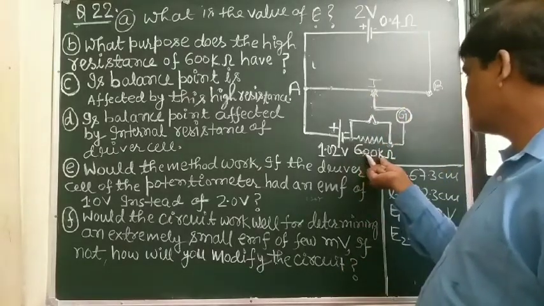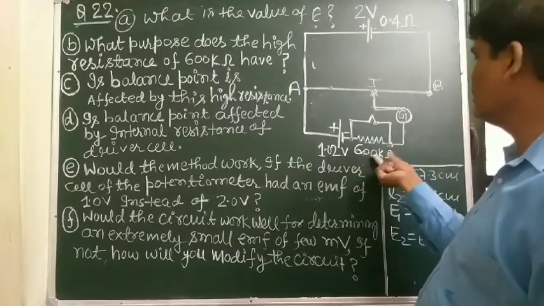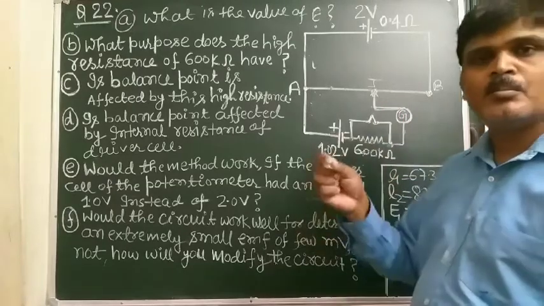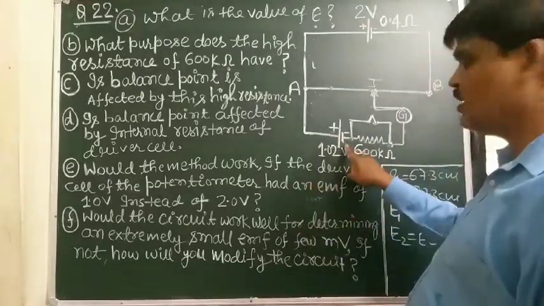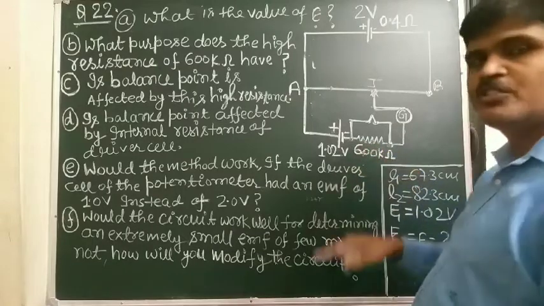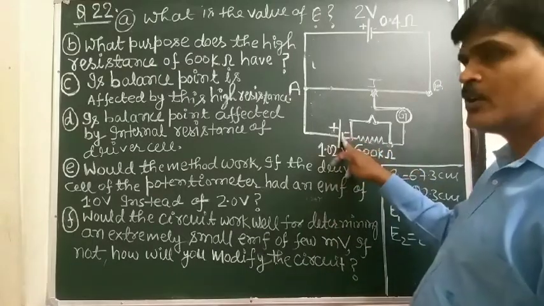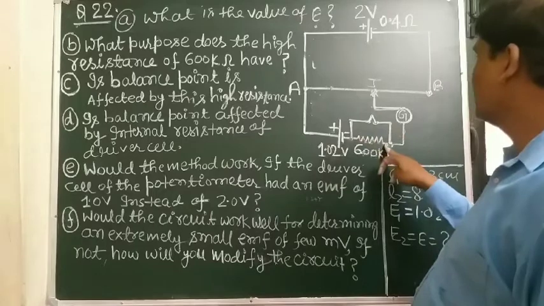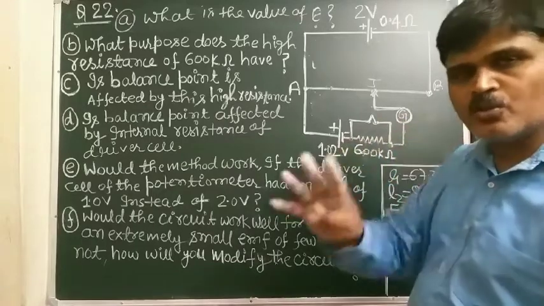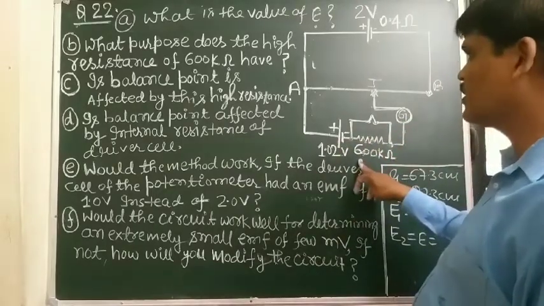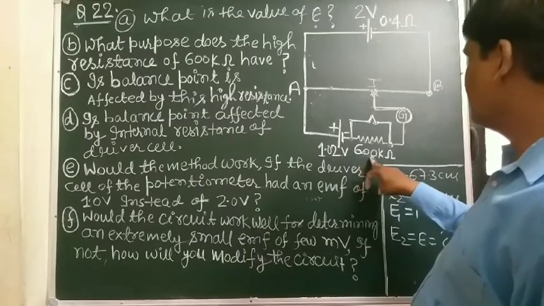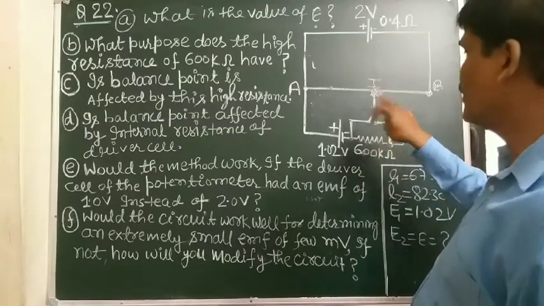This 600 kilo ohm resistance will not affect the balancing point, because current in the secondary circuit is zero. There will be no flow of current through the secondary circuit and the galvanometer shows no deflection, so there will be no effect of this high resistance on the balancing point.